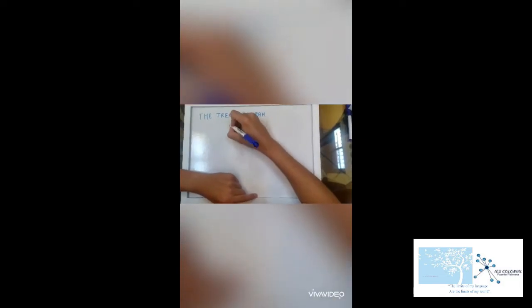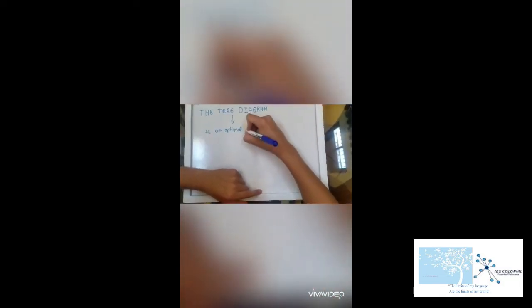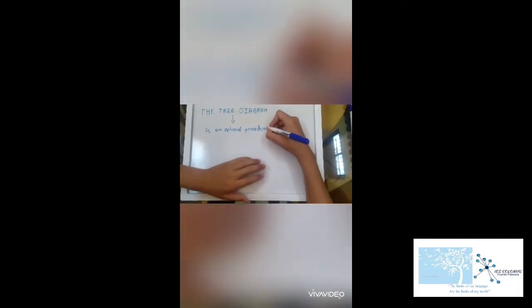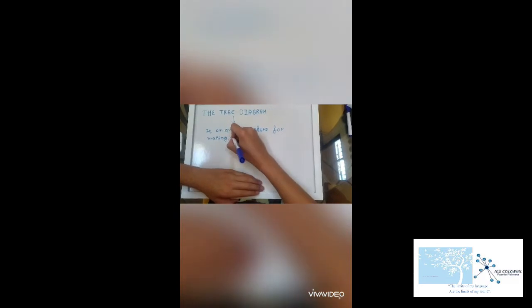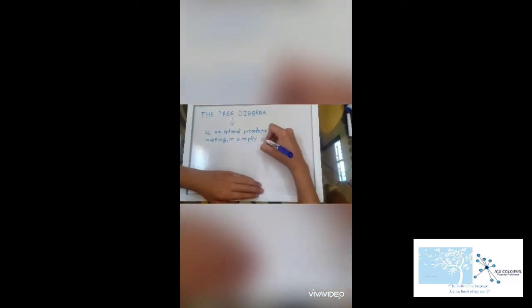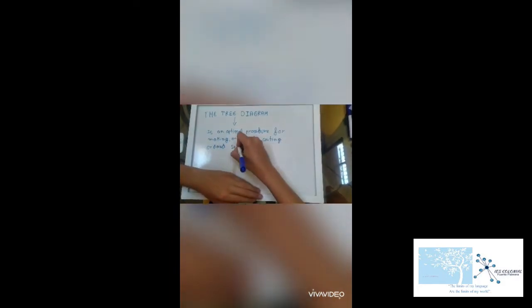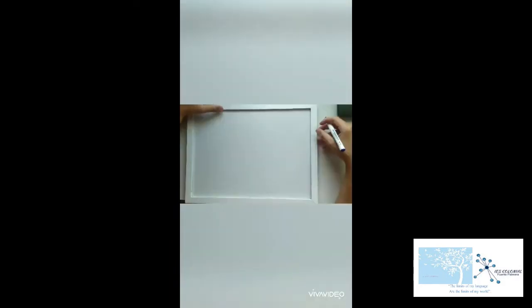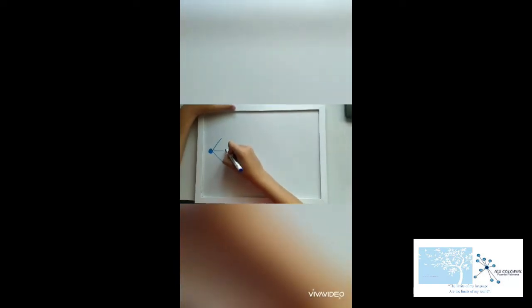The tree diagram. The tree diagram is an optimal procedure for making or simply counting ordered sets. This is the structure of a tree diagram.